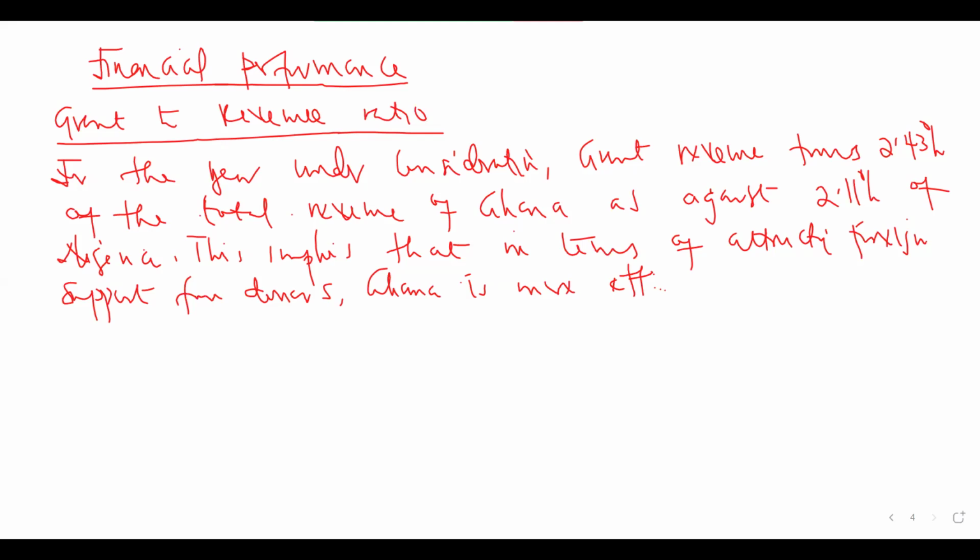This means that in terms of generating revenue through grants, Ghana is more efficient than Nigeria, or in terms of supporting your own activities with your own resources, Nigeria is more effective, generating more revenue through domestic mix than Ghana. That is all. Very simple. If you like, you can add why Ghana is receiving more grants, or why Nigeria is generating more revenue from domestic mix than Ghana.